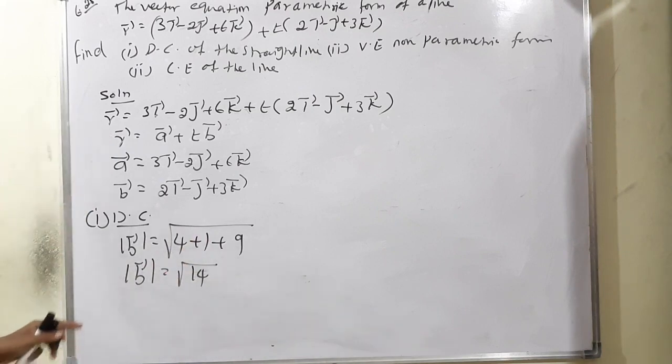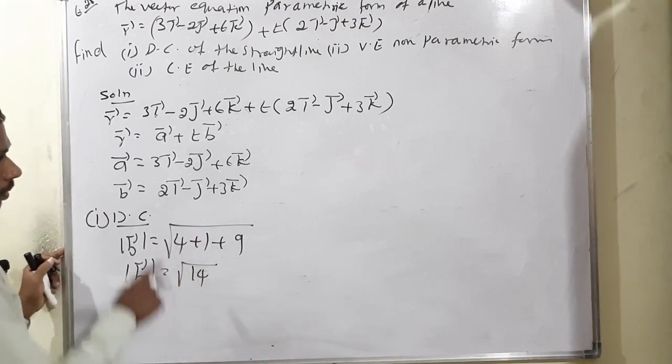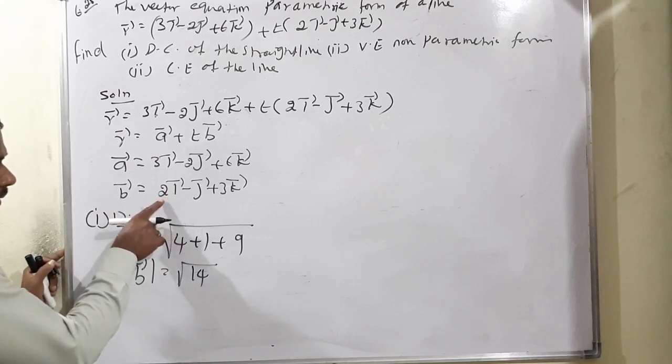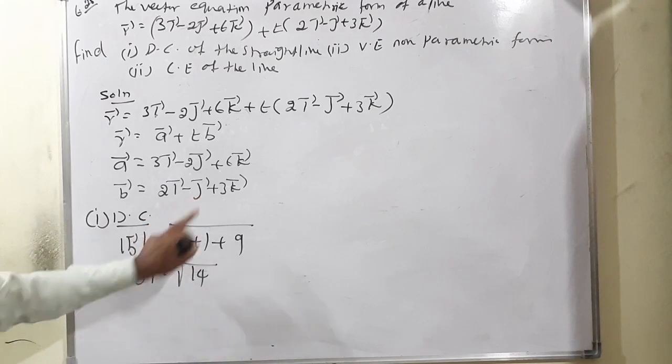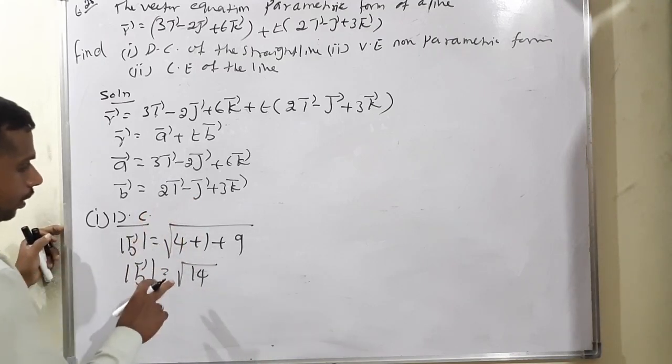Now the formula for direction cosines: each component divided by the modulus of the value.